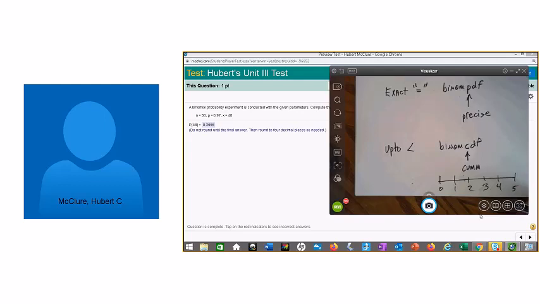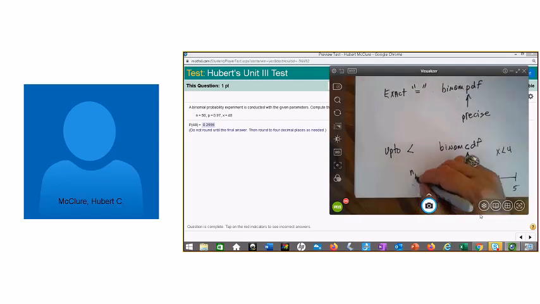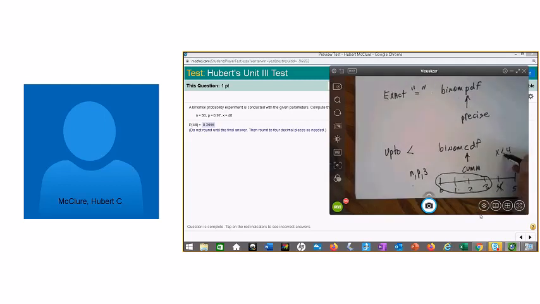I can't remember right now. Less than, okay, X less than 4. So that would be cumulative. You would type in N, P, and then you would type in 3 because you want 0, 1, 2, and 3, not including 4 because this does not have an equal sign below it.